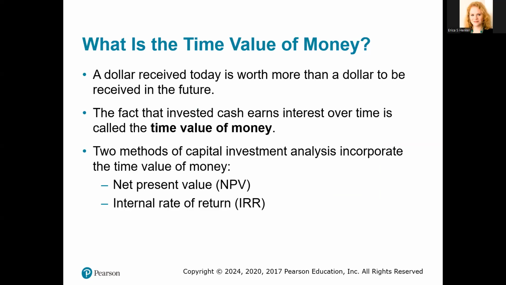Or if you have multiple different unequal payments, you can use the lump sums in order to calculate a total of multiple different cash payments. And so we're going to learn how to apply that to project decision making in the rest of this chapter. We'll do a little bit of that today, and we'll do a little bit of it next week.